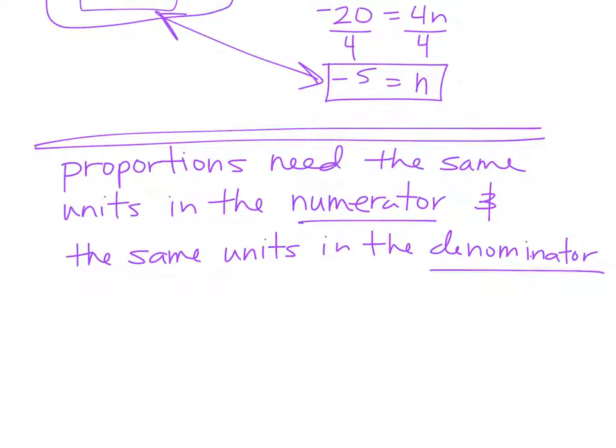Okay? That does not mean you need the same units in both. It means across your numerators, your units need to be the same. Across your denominators, your units need to be the same.